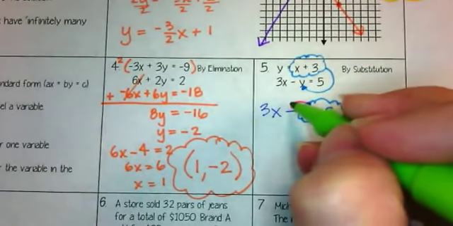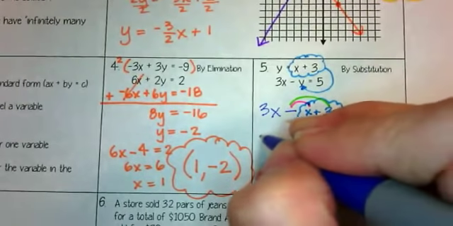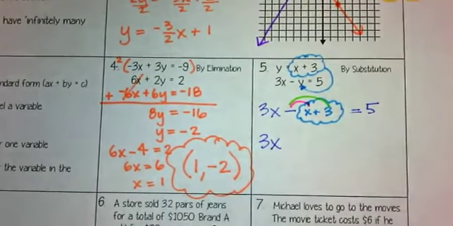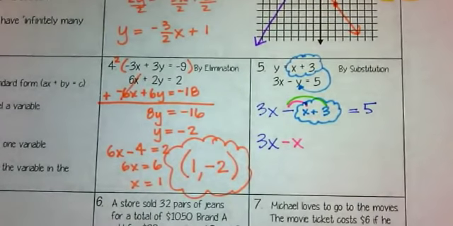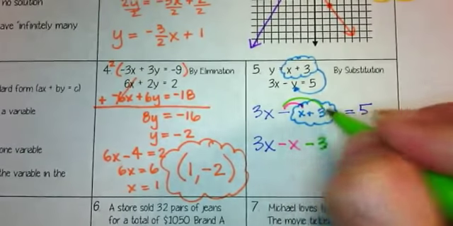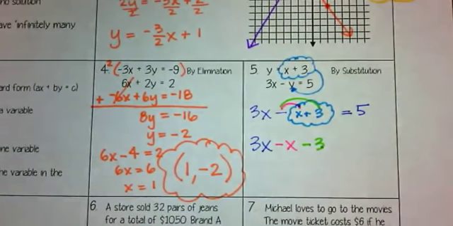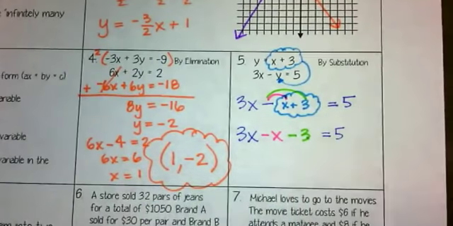So we have 3x, which is the original, and then minus x when we distribute there, and then minus 3 when we distribute the negative there, and then it is equal to 5.